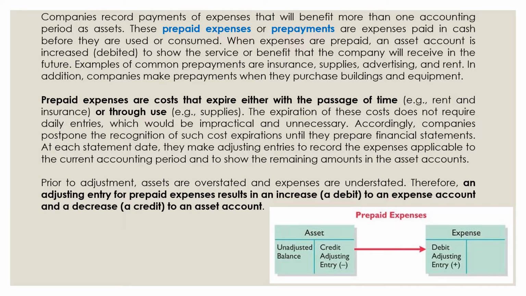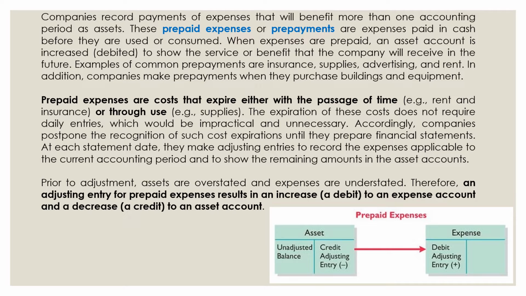So when expenses are prepaid, an asset account increases, a debit, to show the service or benefit that the company will receive in the future. Examples of prepayments are insurance, supplies, advertisement, and rent. In addition, companies make prepayments when they purchase buildings and equipment.